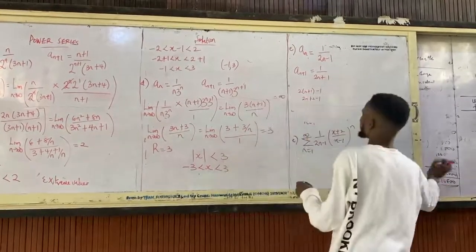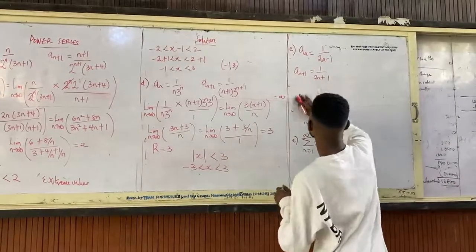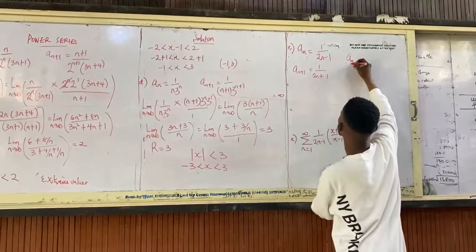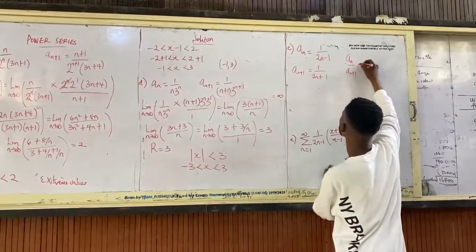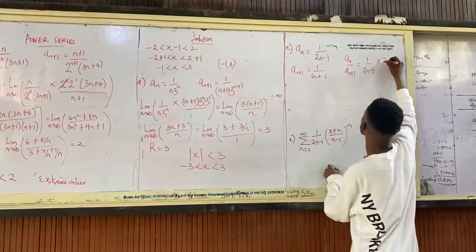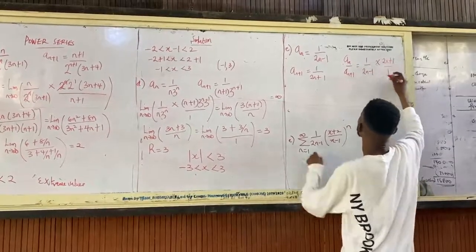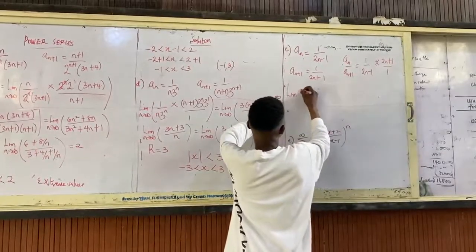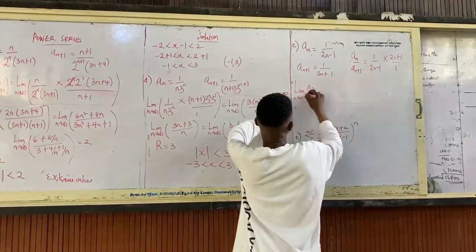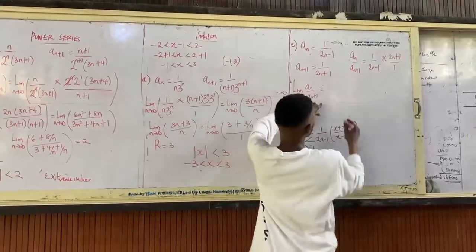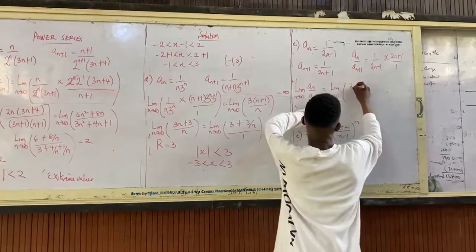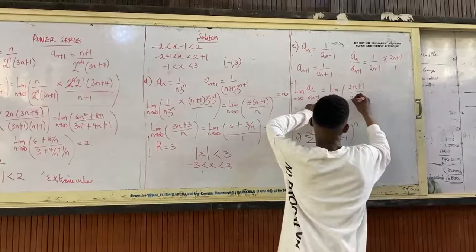That's our a_(n+1). Then a_n over a_(n+1) will be 1 over (2n minus 1) times (2n plus 1) over 1. So we can take the limit of a_n over a_(n+1) as n tends to infinity, that is the limit of 2n plus 1 over 2n minus 1.